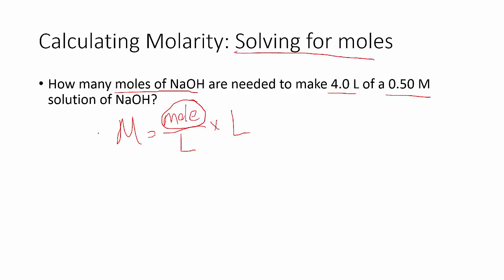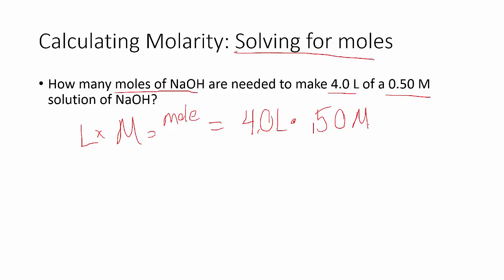Multiply each side by liters, and you get moles equals liters times molarity. So we've got 4.0 liters times the molarity, 0.50 molar, and you get 2 moles. That's it. Not that bad, huh?